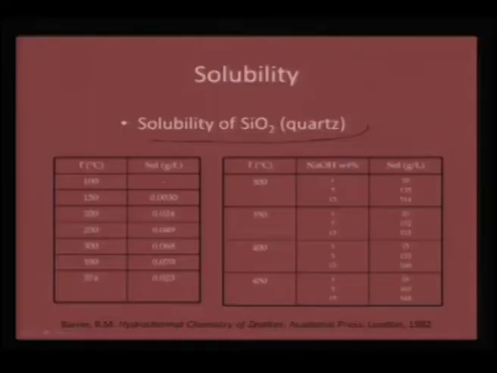If you take the case of silica and its solubility in water, as you see here, when you increase the temperature, the solubility very marginally increases and maximum solubility is aimed at 350 degrees C for silica in the growth of quartz crystals, whereas the moment you put 1, 2, 3% of ammonia into it, then the solubility of the same silica enhances to 560 or 515 grams per liter. So, solubility can be enhanced with this sort of additives.